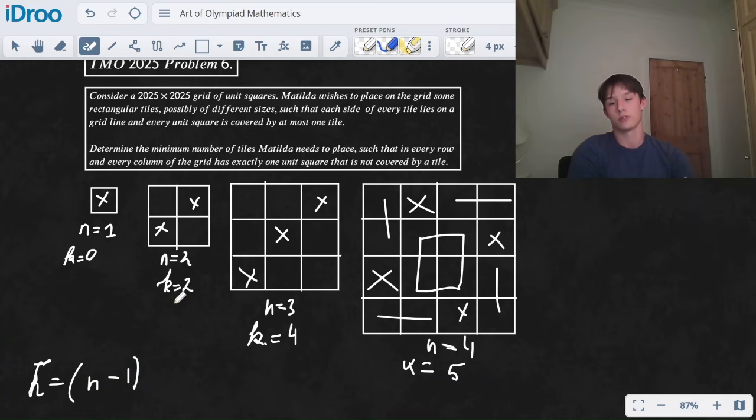And then you know that n equals 2 and then k equals 2, so you kind of assume it's like n minus something, so say n equals 2, then this is 1, so you might assume n plus 1, right? Or, one sec. Yeah, just n, because n minus 1, n. And then you look here and it doesn't work. So there's no kind of polynomial that goes 0, 2, 4, and then 5.